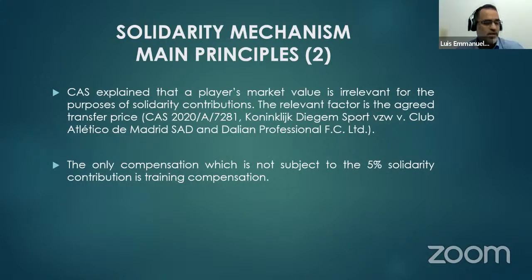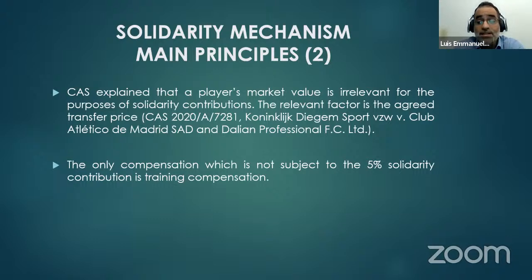We have also in this presentation pinpointed some CAS awards and dispute resolution decisions that better illustrate the solidarity mechanism. In this case, we have identified CAS case 2020-8-7281 for you to study, if you so wish.